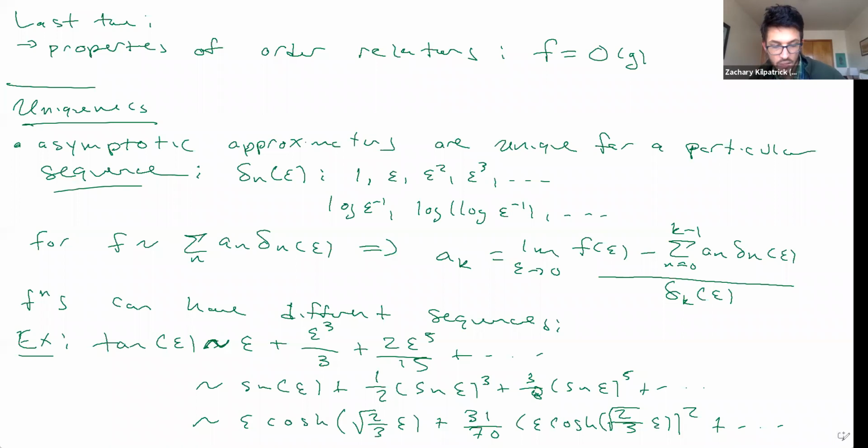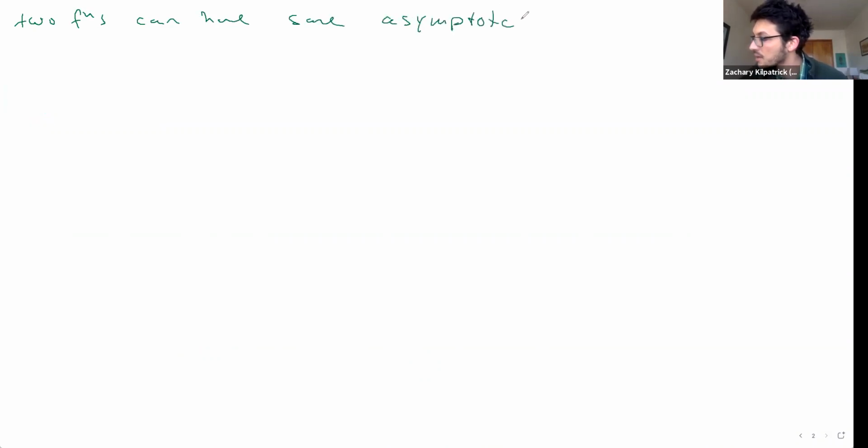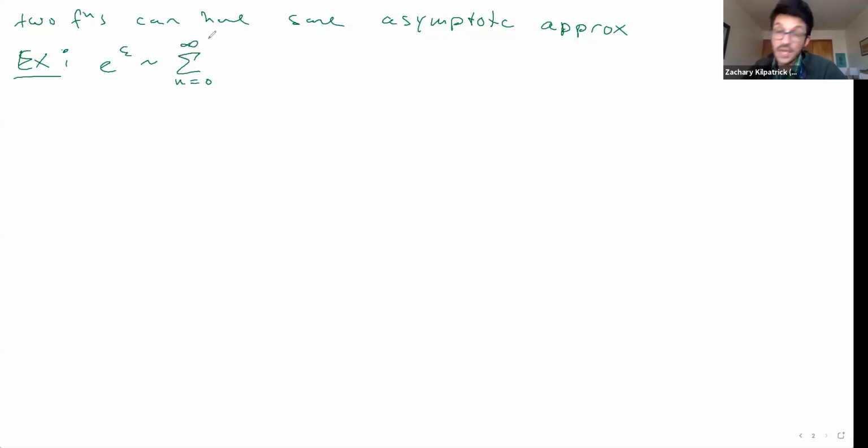The other thing is that two functions can have the same asymptotic approximation. Why is that? One way it could happen is if you add on something that's not even of the order of any terms in your sequence. So let's consider e to the epsilon.